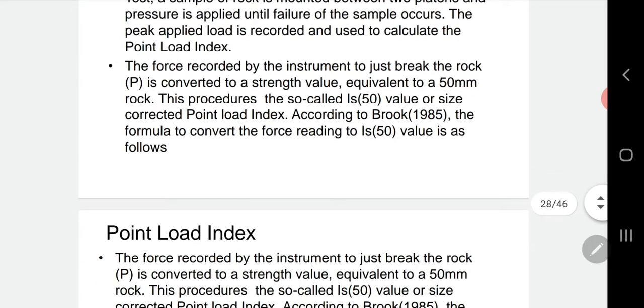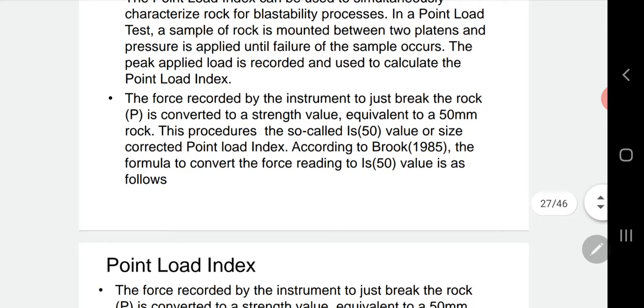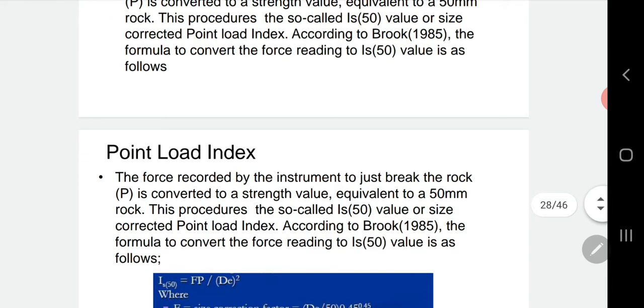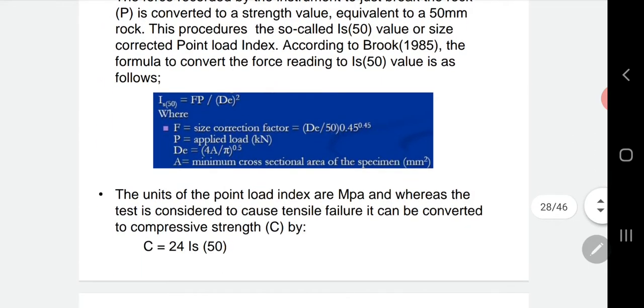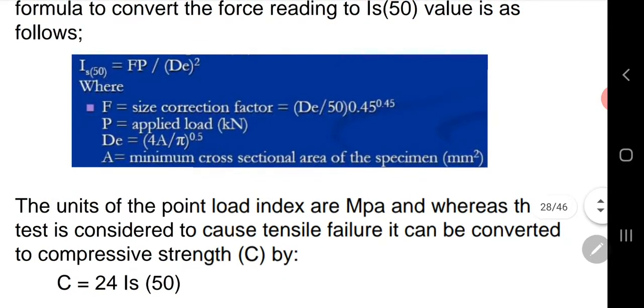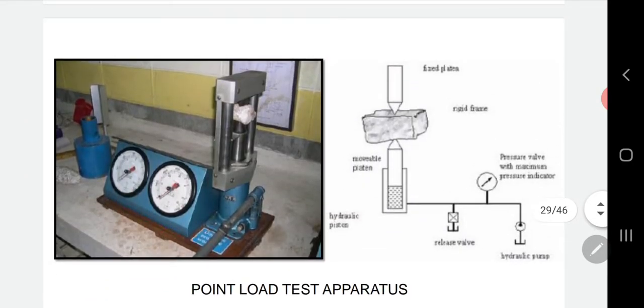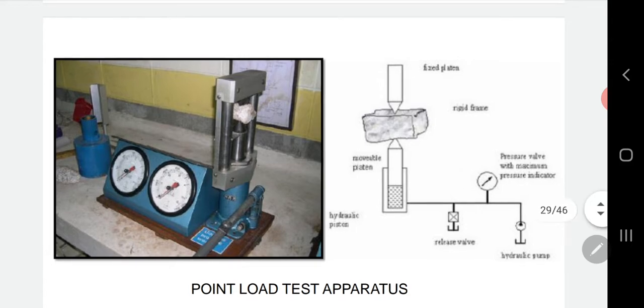Okay, you also have covered this one. We have a specific equation to calculate the point load index, and this is the equation that you can use. And this is one example of the point load test apparatus.